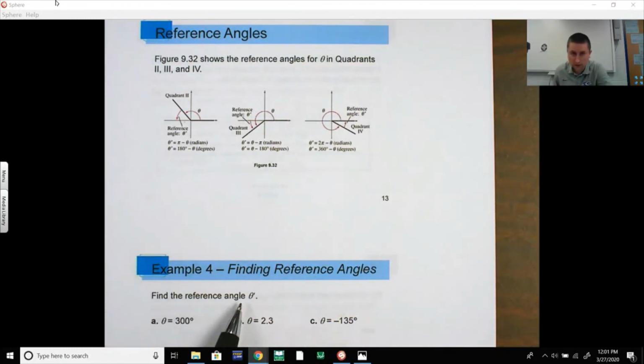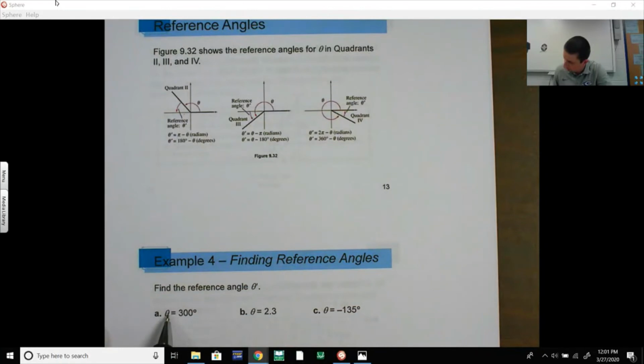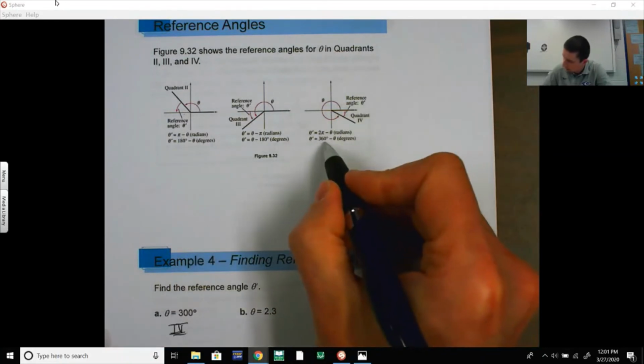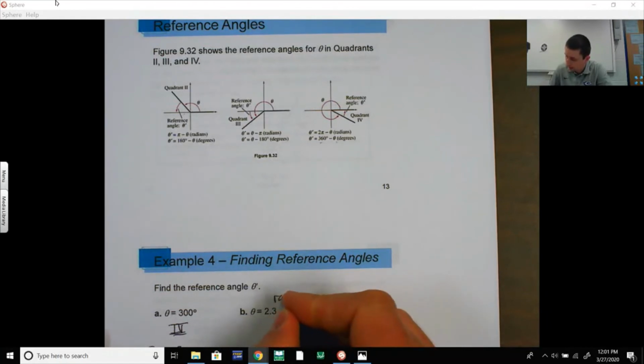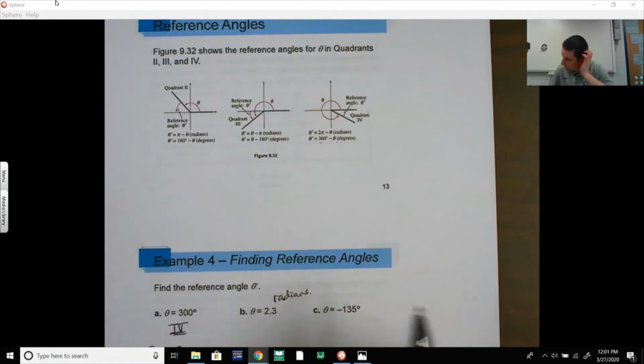So find the reference angle theta prime. Theta is 300. 300 would be in quadrant 4. So I'm going to take 360 minus 300. So theta prime would equal 60 degrees. Okay, B, theta is 2.3. This is in radians because there's no degree symbol. Now remember, pi is 180, that's going to be about 3.14. So this is going to be in quadrant 2.